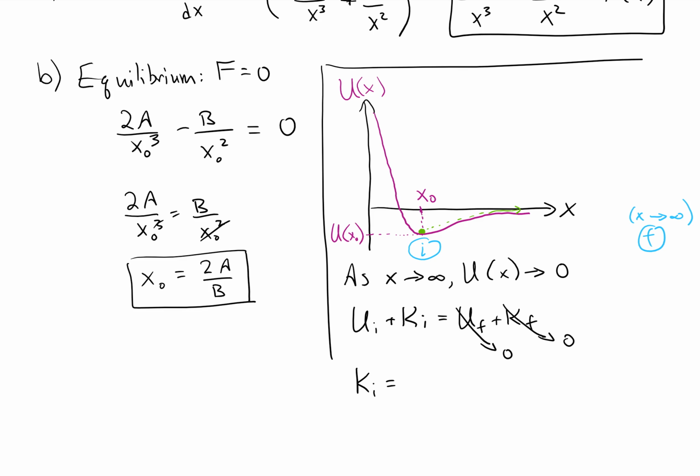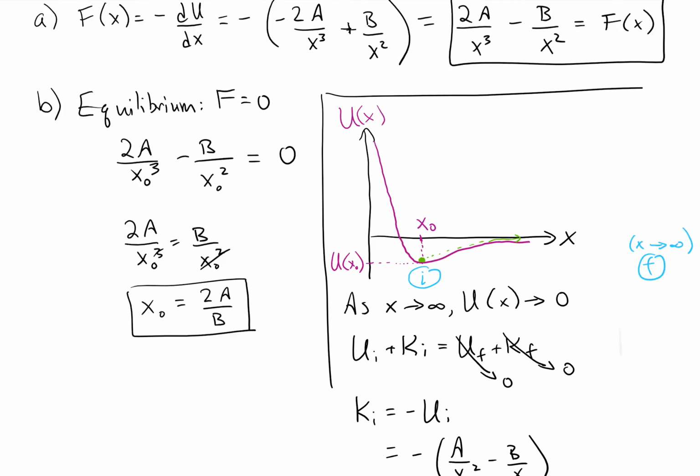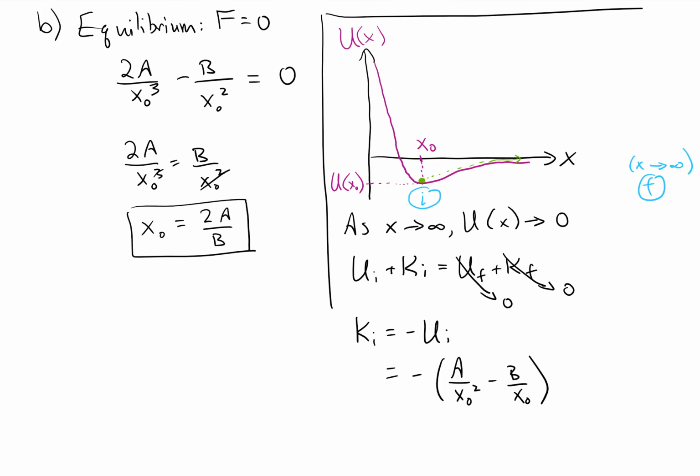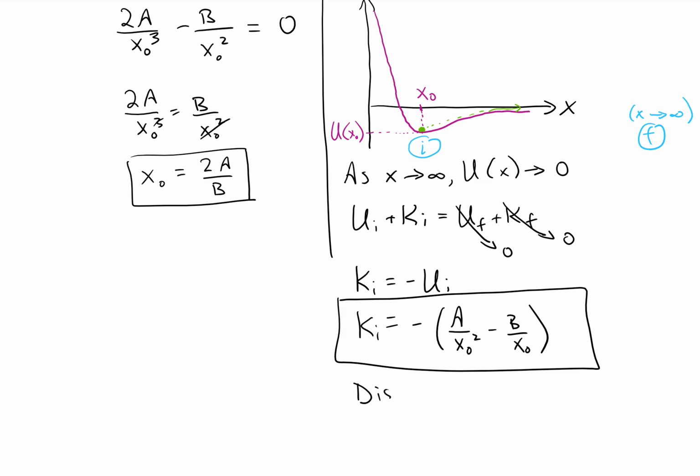So K initial has to equal negative U initial, which is negative A over x naught squared minus B over x naught. Going back up and checking that expression for our potential energy, it's A over x squared minus B over x. And that's it. Basically, that's the energy that we need in order to dissociate this atom from its molecule.